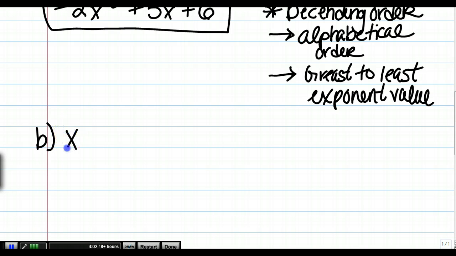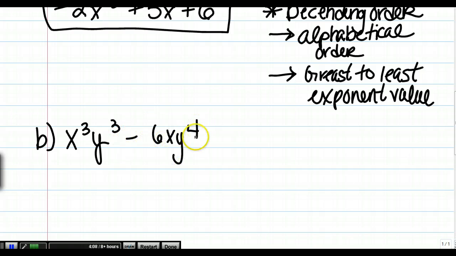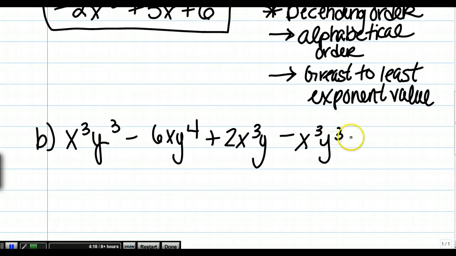What if I gave you x to the third, y to the third, minus 6xy to the fourth, plus 2x to the third y, minus x to the third, y to the third, plus 3xy to the fourth, minus 4x squared y.